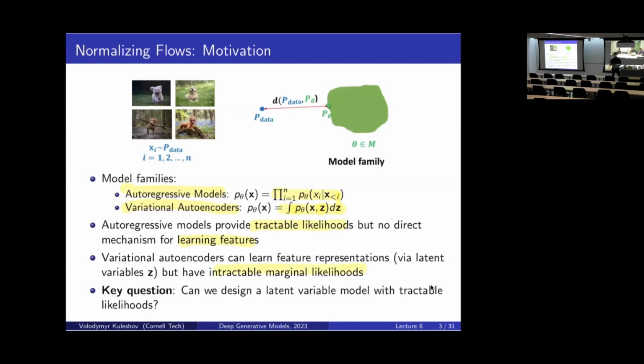In the last talk, we saw one way of getting the best of both worlds: a tractable latent variable model, so first of all, having latent variables, but also maintaining tractable log likelihoods. And this is where normalizing flows come in. By using normalizing flows, we can, at least in theory, get the best of both worlds.